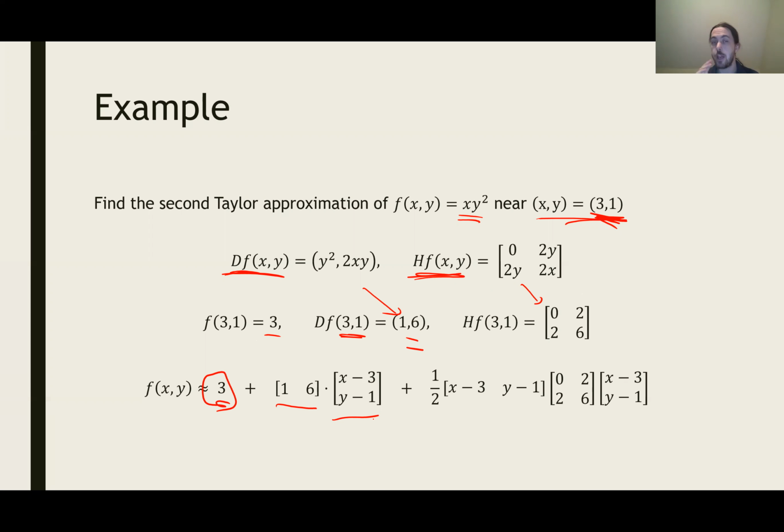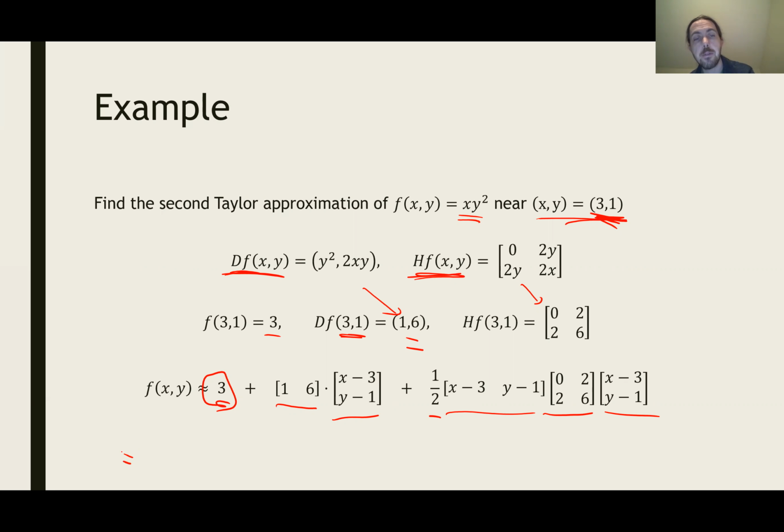And so for the whole thing, I get f of x, y, which is 3, plus my Jacobian matrix times the column vector x minus 3, y minus 1, plus 1/2 of this row vector, x minus 3, y minus 1, times the Hessian matrix times this column vector.